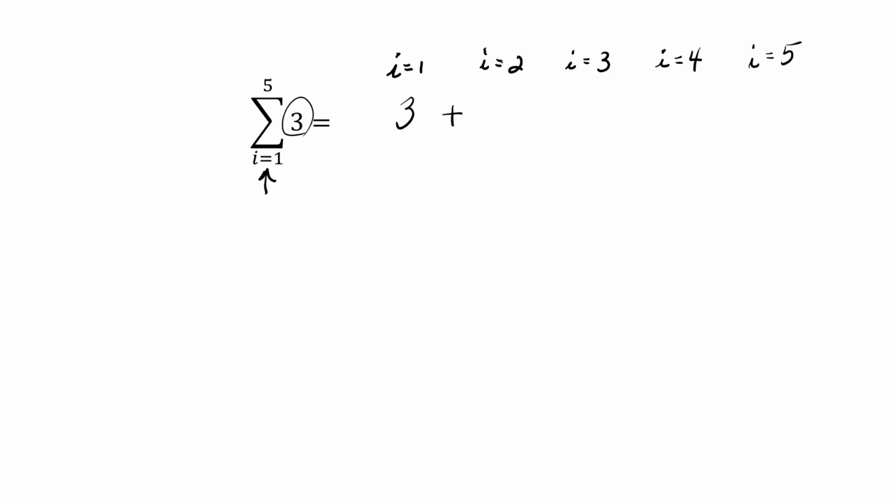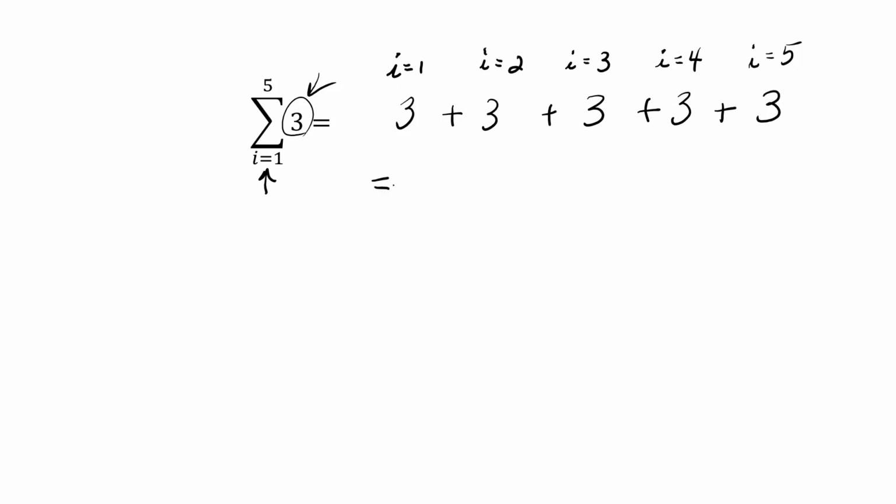Then you go to the next increment, i equals 2. When i equals 2, that thing still equals 3. Then you move up to 3. When i equals 3, that equals 3, because i is not in it. When i is 4, still 3. And then finally, i is 5, you're done. That's your final 3.